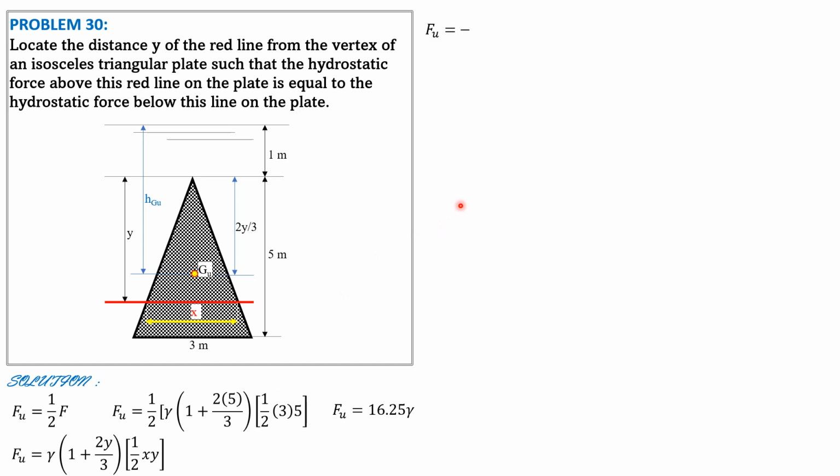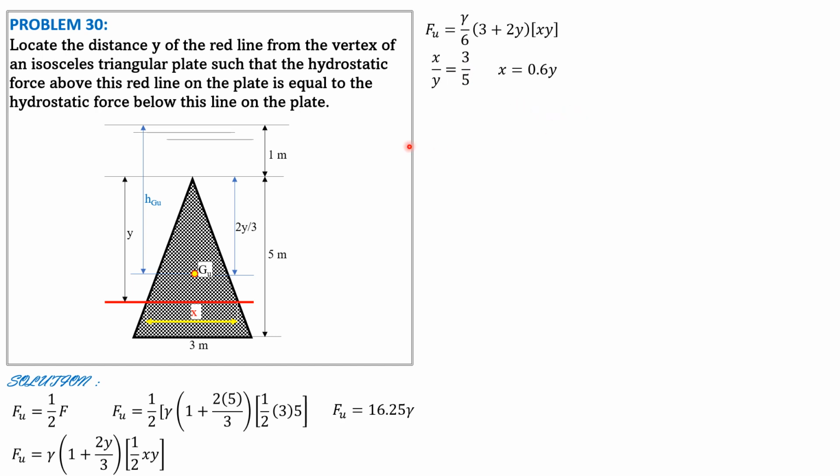Simplifying, Fu equals gamma times quantity 3 plus 2y over 6 times xy. Then by similar triangles, x is to y equals 3 is to 5, so x is 0.6 of y. So gamma over 6 times 3 plus 2y times x, which is from here 3/5 of y, or 0.6 of y, times y.